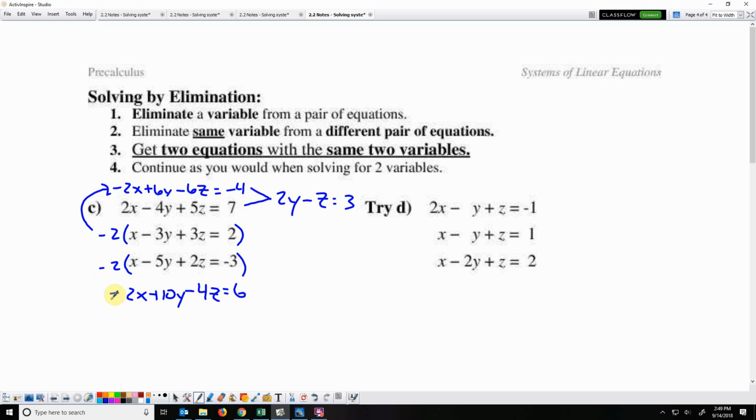Okay, so then I can combine that with the top equation. So if I combine those two equations, the x's will cancel. Negative 4 plus 10 is 6, so that's 6y. 5 minus 4 is 1, so that's plus z. And 7 plus 6 is 13. So I've got two equations now with a y and a z.